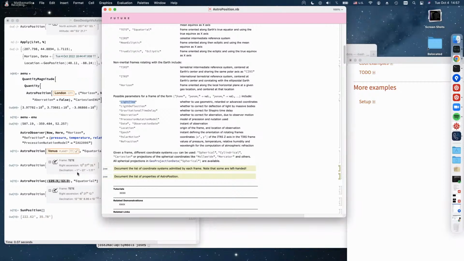Emission, which is I'm emitting the light myself, and I'm saying the light will arrive at this event at such a distance. Or geometric, which means I'm using instantaneous propagation, and therefore I'm referring to where the object is.